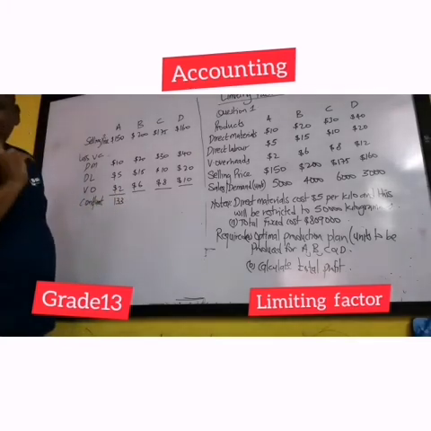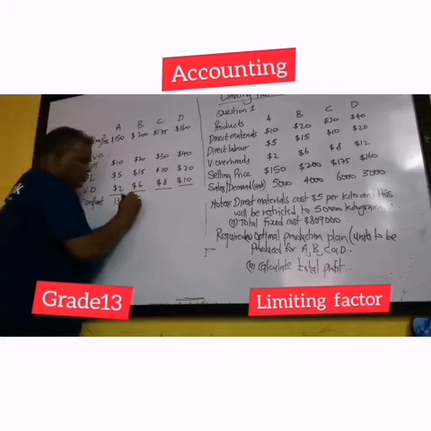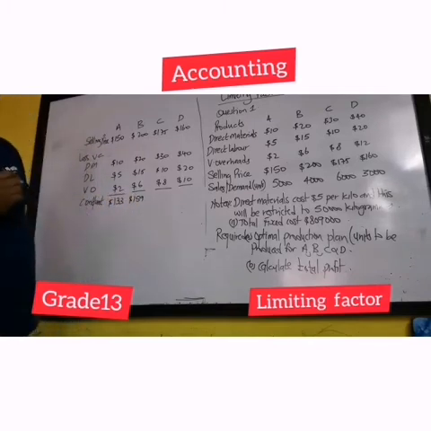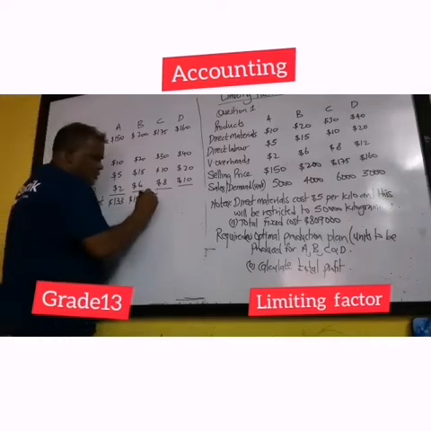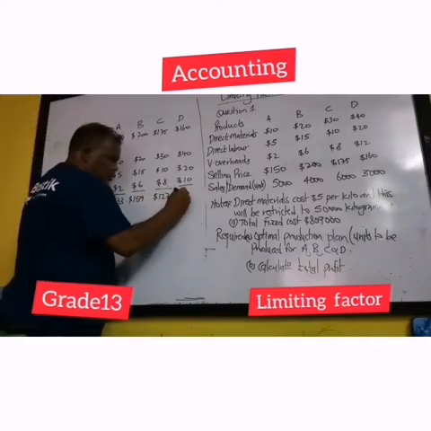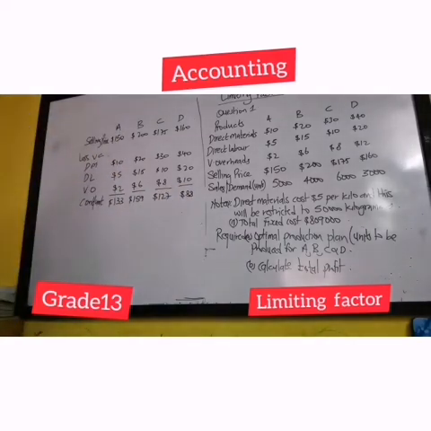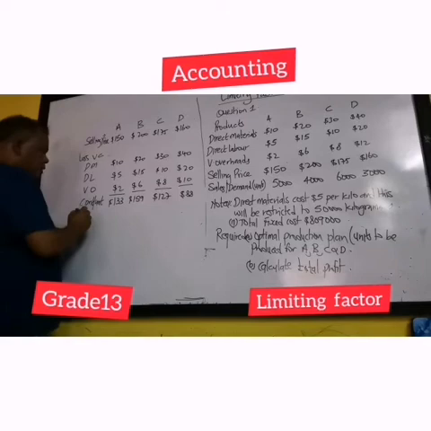And then 159, 127, and then 88. Therefore, contribution per unit, and then we have to calculate contribution per limiting factor.